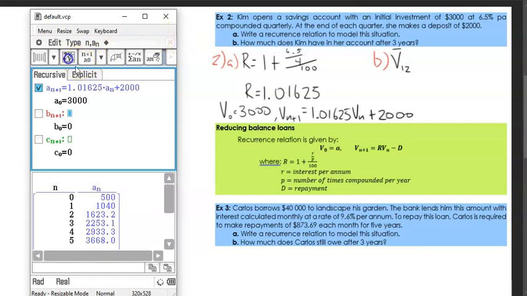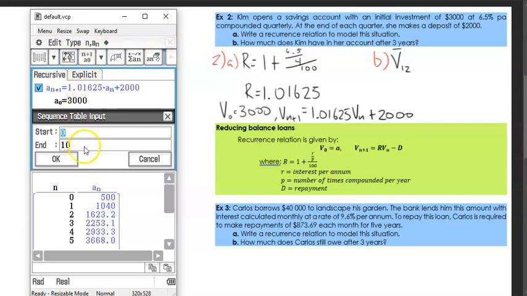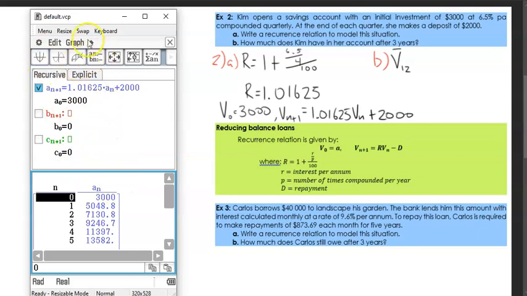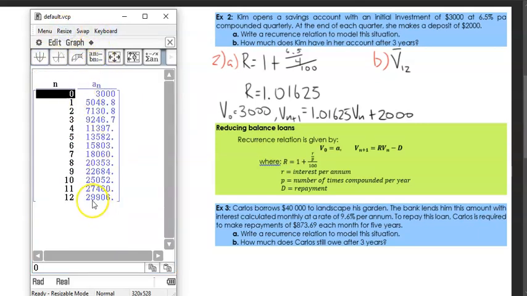We're going to set this as start 0, end 12, because we're trying to look for after the 12th compound, which is the 3rd year. Get the table up, resize this, and at the end of the 12th compound, we have $29,906.77.